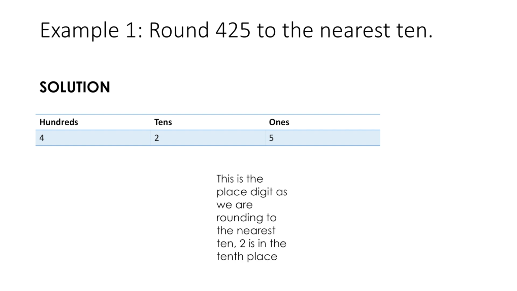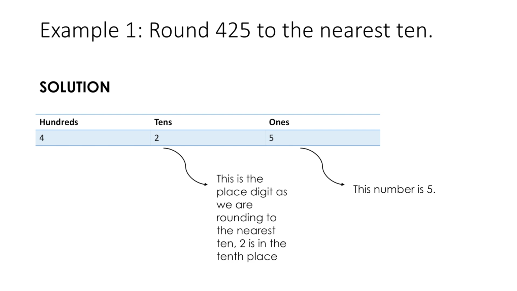Alright, so we're rounding to the nearest 10, so the digit 2 is known as our place digit. Then we look to the right of our place digit, so the right digit would be 5.